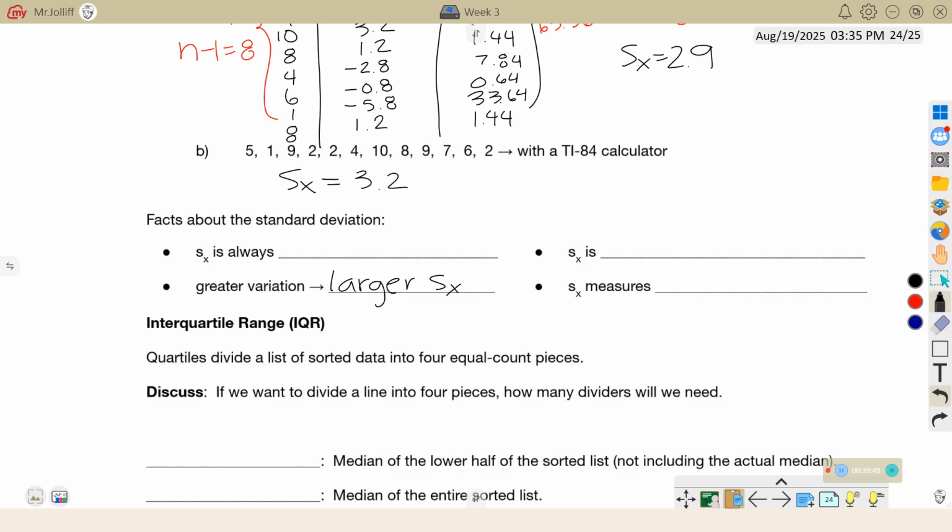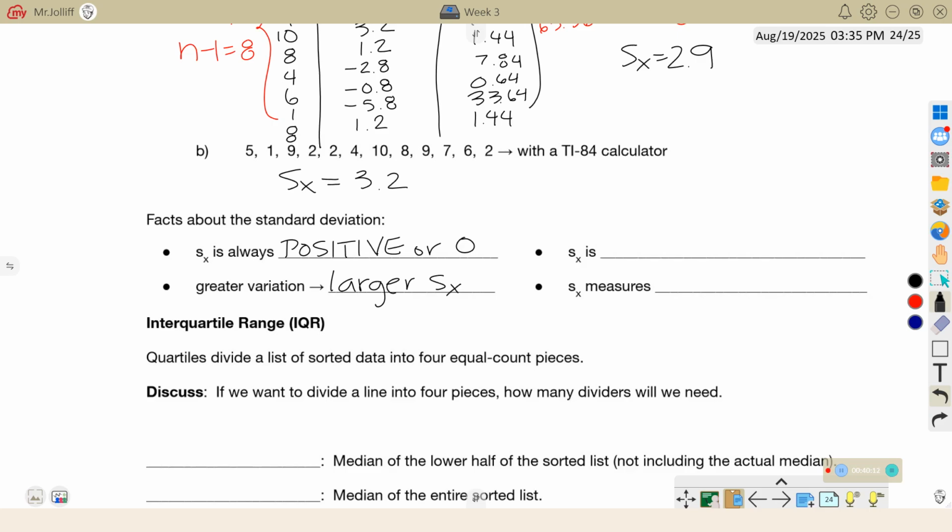Another important fact, standard deviation is always either positive or 0. We should never have a negative standard deviation. We can't take square roots and get negative answers in stats class. Positive or zero.